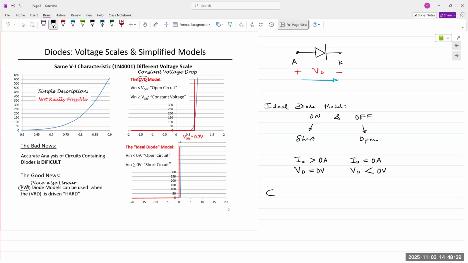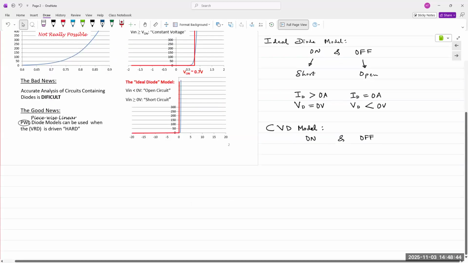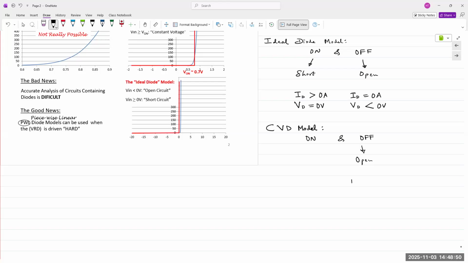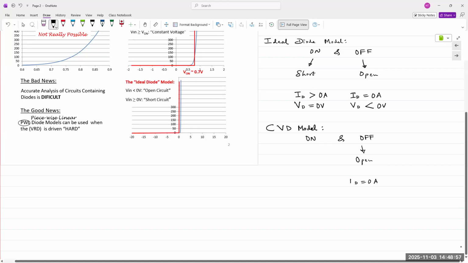So the constant voltage drop model is very nearly the same as the ideal diode model, except for a few differences. Let's start with the off state first. When it's off, it's open. ID is equal to 0 amps. We'll talk about voltage in just a little bit.